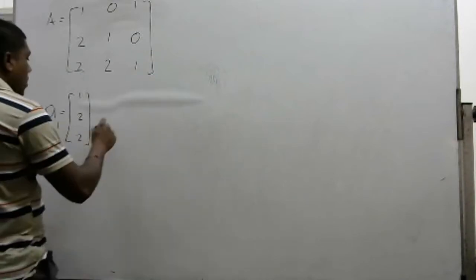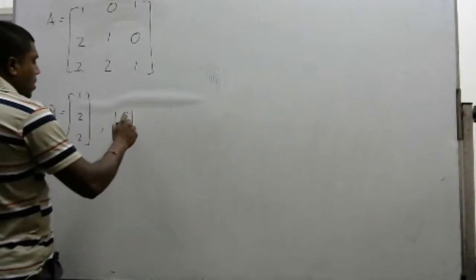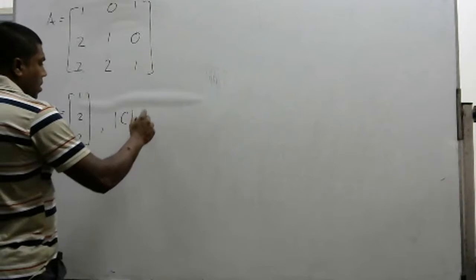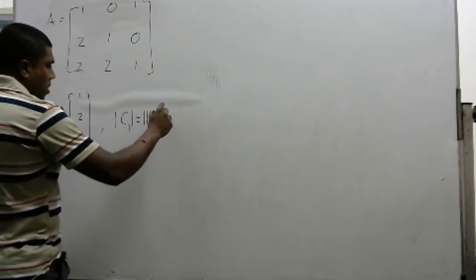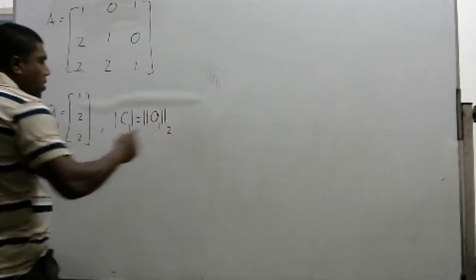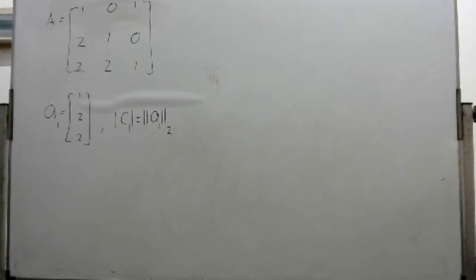The 2 norm of the first column gives the absolute value of C1, so the absolute value of C1 is equal to the 2 norm of A1.